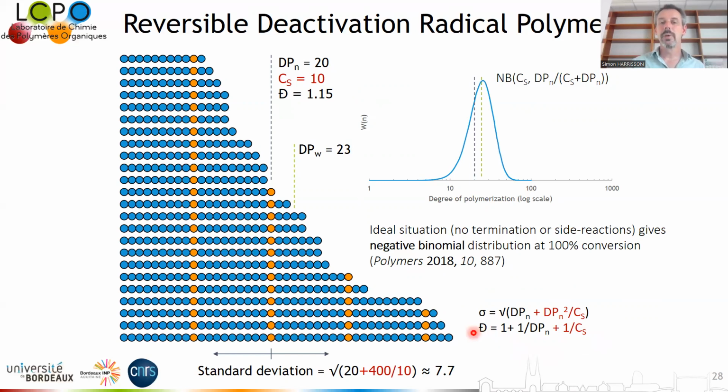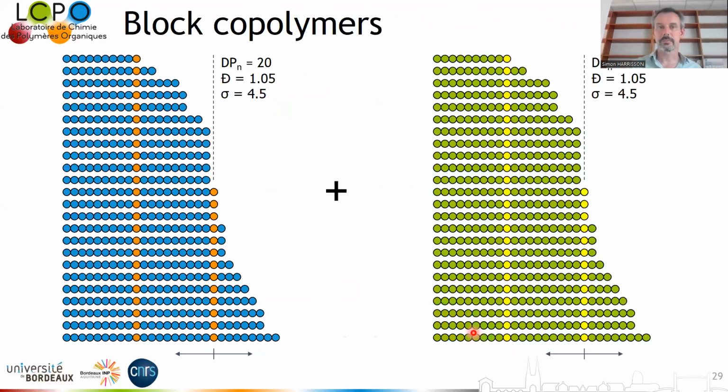But again, we have really a relatively broad distribution, even though the dispersity is quite narrow. The standard deviation of this distribution is nearly 8, so it's roughly 40% of the number average degree of polymerization.